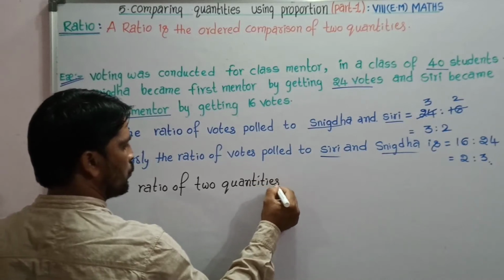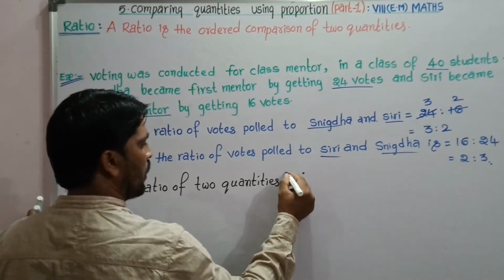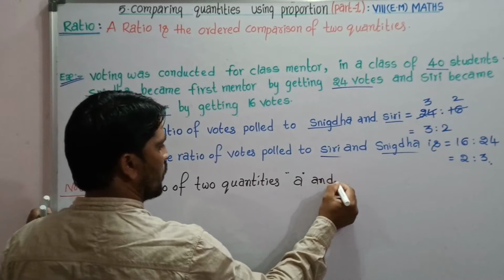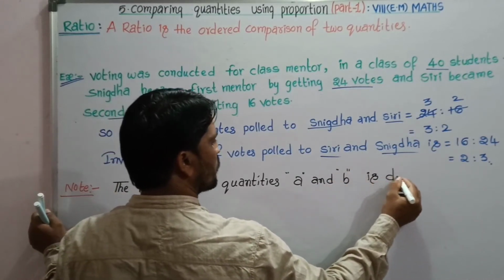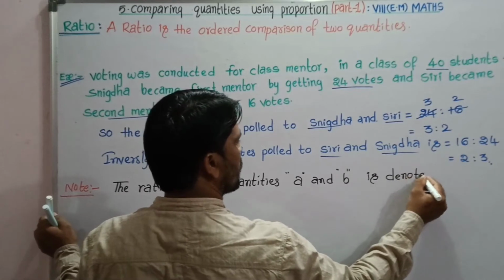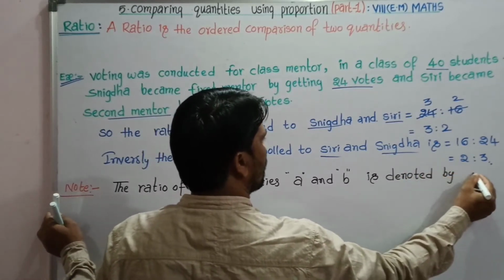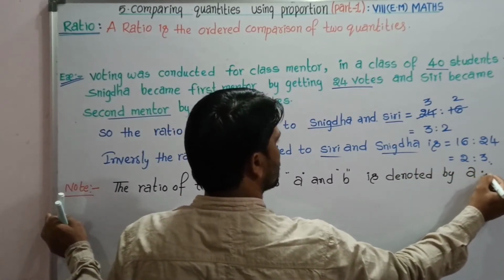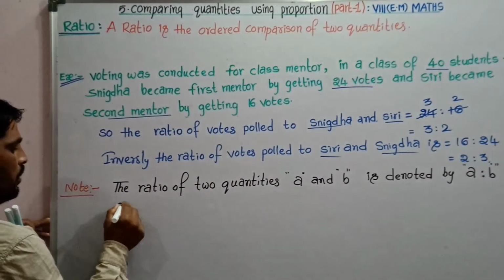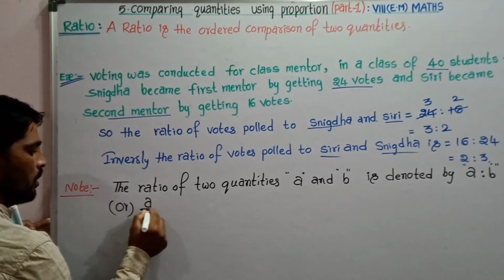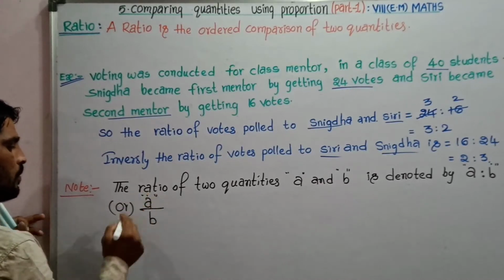The ratio of two quantities A and B is denoted by A is to B, or which is denoted by A by B.